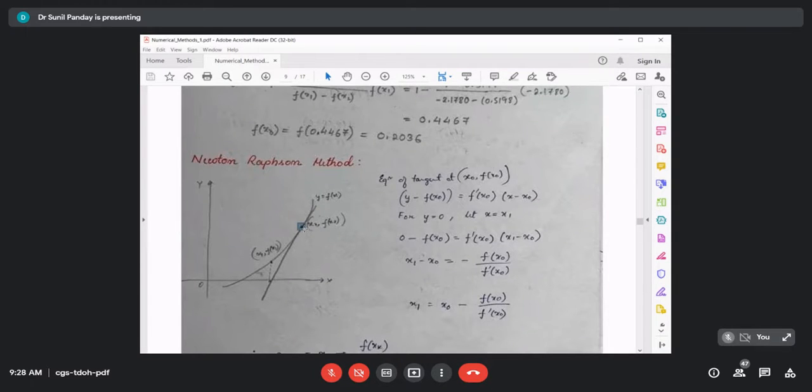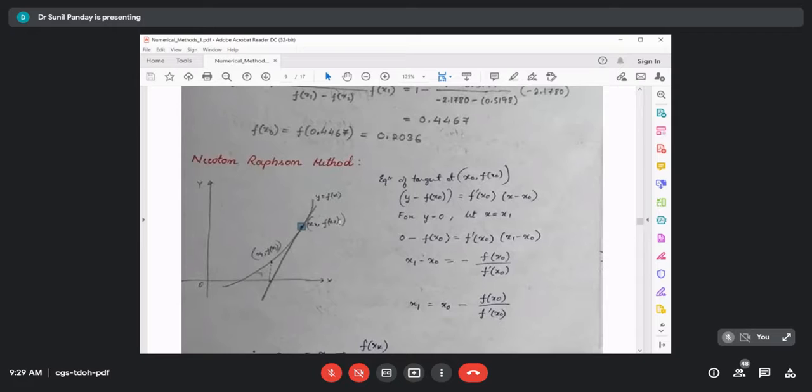So the secant method and the regula falsi method are multi-point methods, because we are calculating x2 based on the knowledge of two previous points. Now to calculate x1 in the Newton-Raphson method, we require only the knowledge of x naught. So this is a single point method.